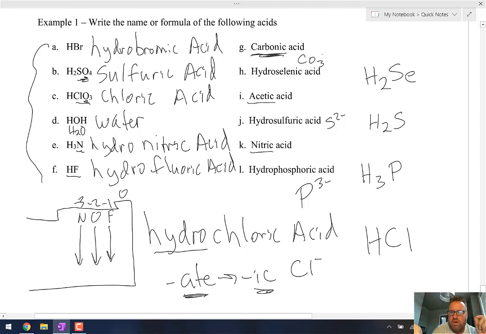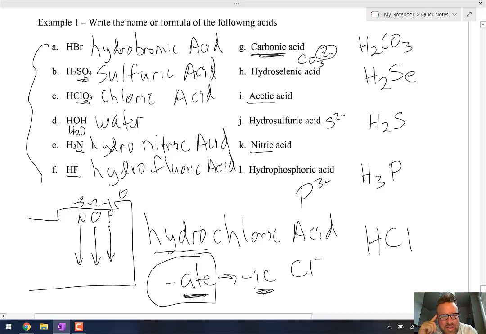Carbonate, if you go back up and look at it, is CO3 2-. And so to cancel that -2 charge, we need 2 hydrogens. So we get H2CO3. Then acetic acid had to have come from acetate.